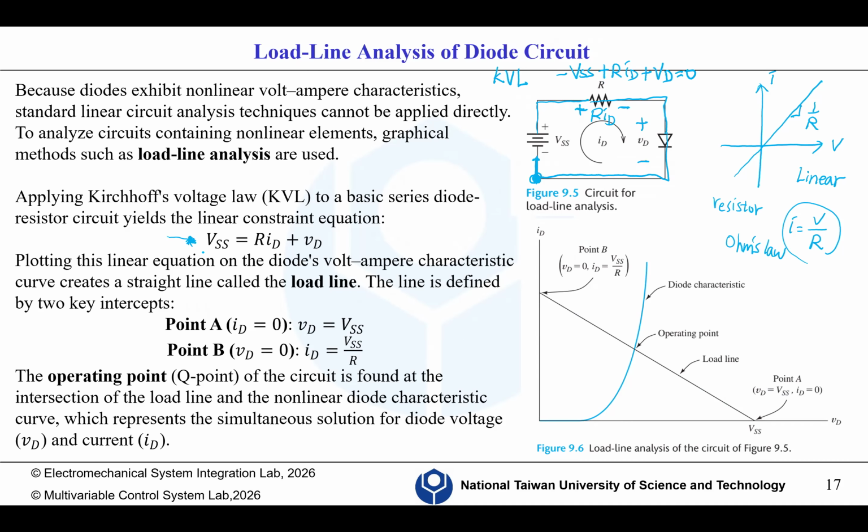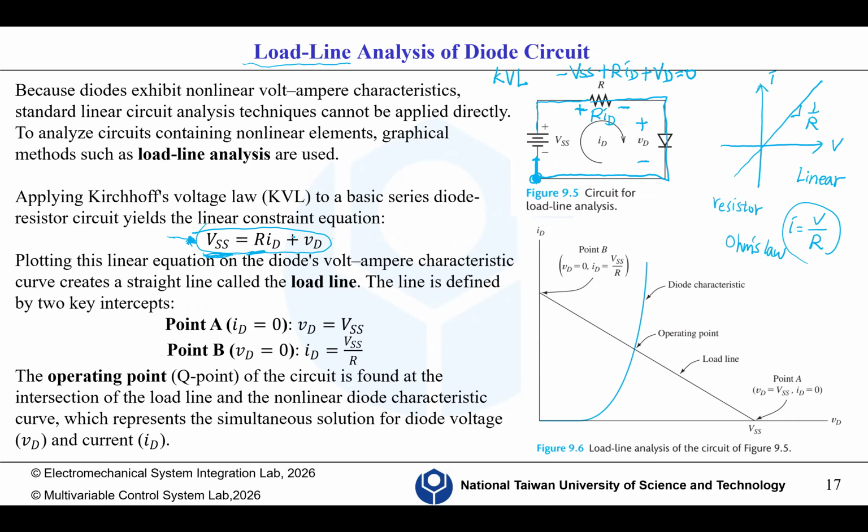If VSS and R are given, as the voltage source and the resistance usually are, you have this equation. This is called the load line, which describes the current and voltage of a diode.